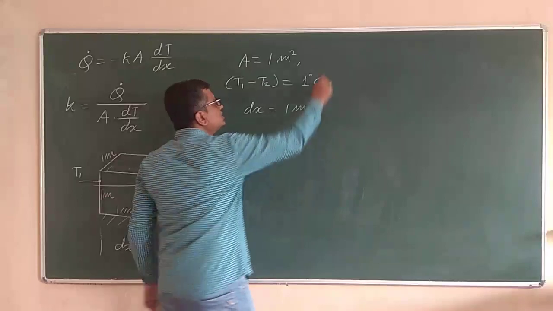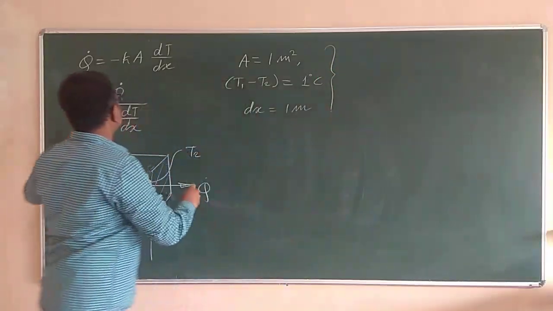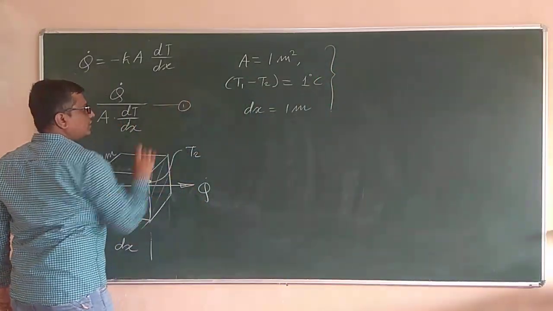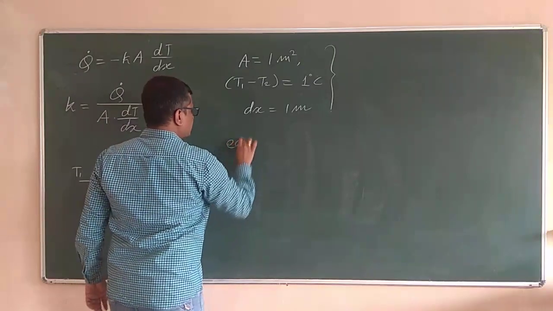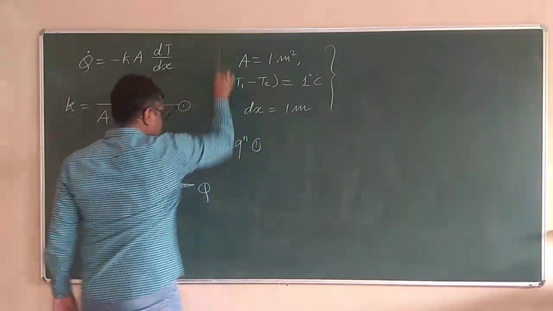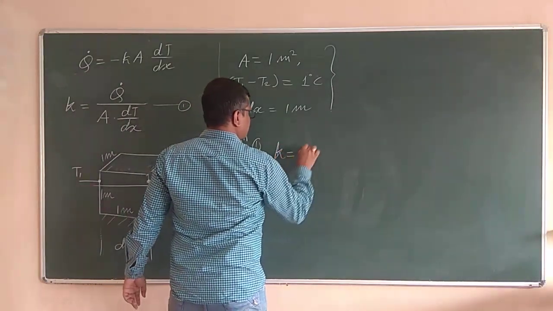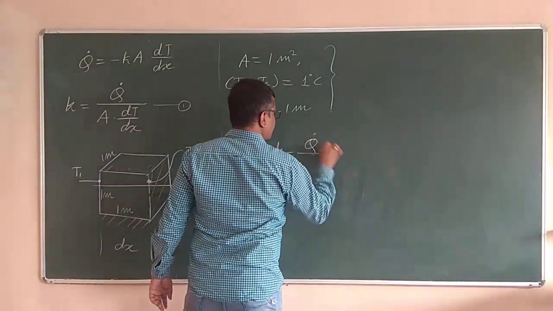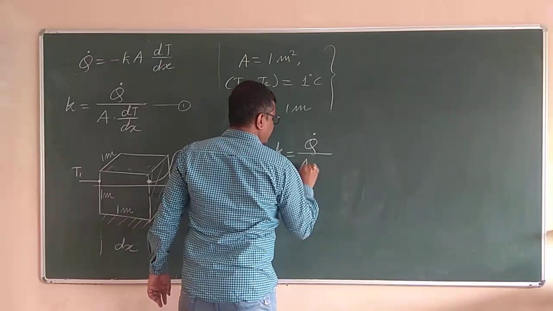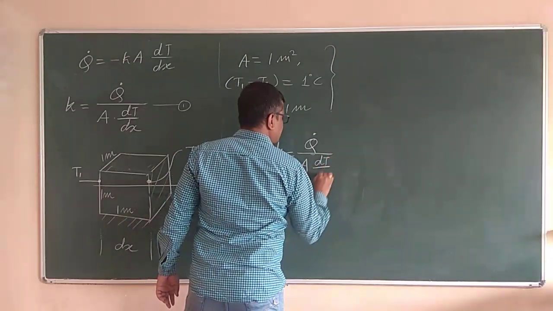And if I put all these values into this equation, say equation number 1, what I will get is K equals Q dot divided by A divided by dt by dx.